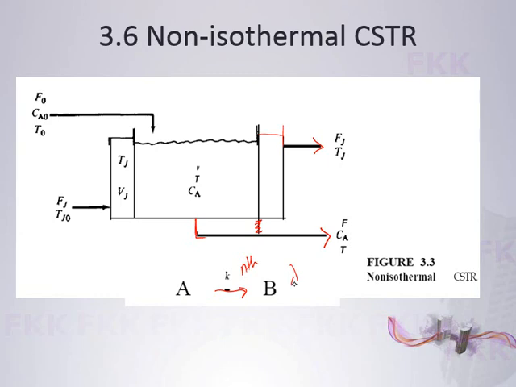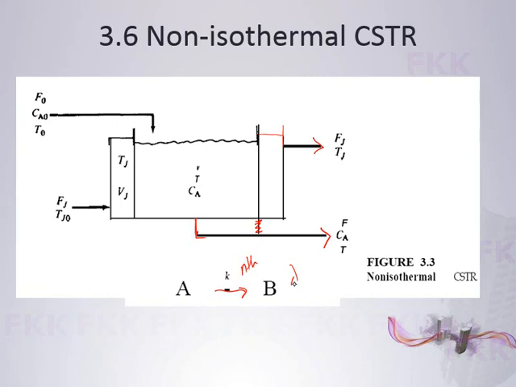Negligible heat loss and constant densities are assumed. It is safe to assume constant density here, because this is a liquid system. To remove the heat of reaction, a cooling jacket surrounds the reactor. So we have a cooling jacket surrounding it.